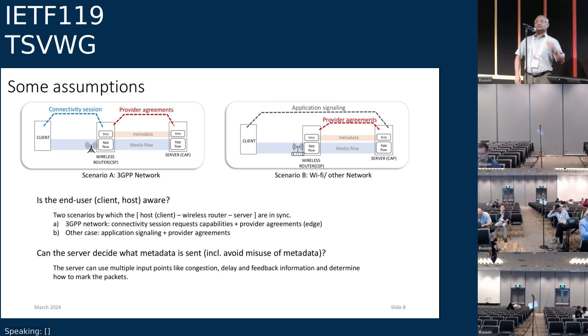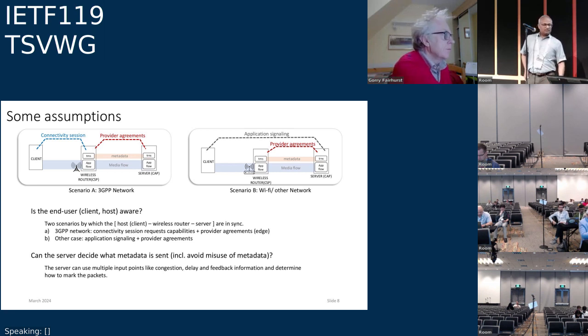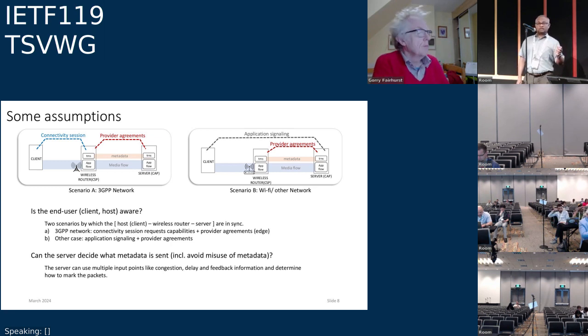The focus of these requirements is not the over-the-top and control aspects, but rather how we get this metadata to the traffic shaper. We're assuming that all of these other things can be easily solved or have already been solved. Similarly, about the server, it can adjust the rate or not provide things. It has a lot of feedback. For example, in good conditions, it may just not provide any information, or provide that everything is equally important.